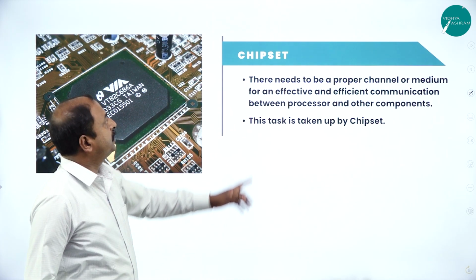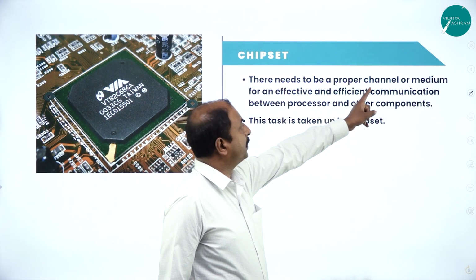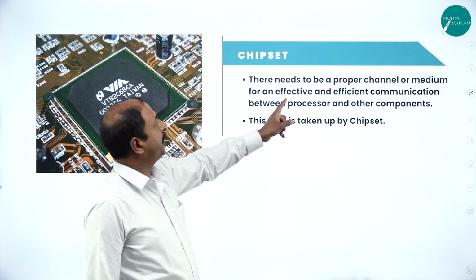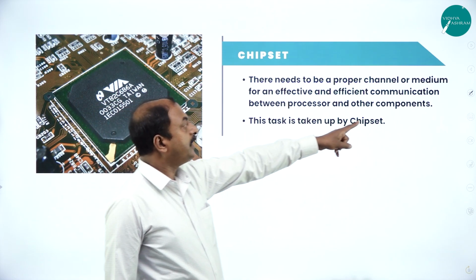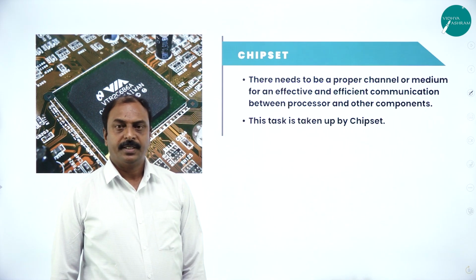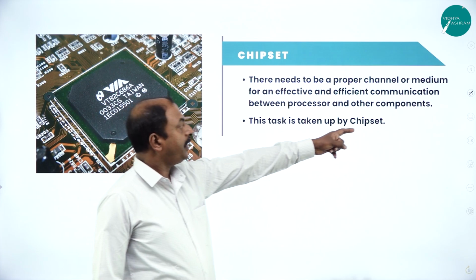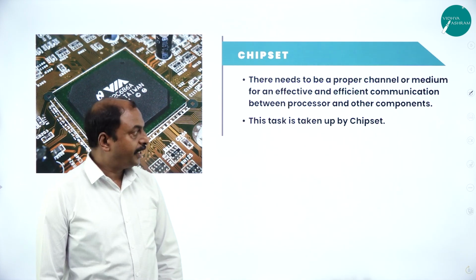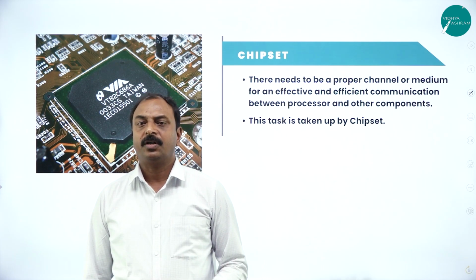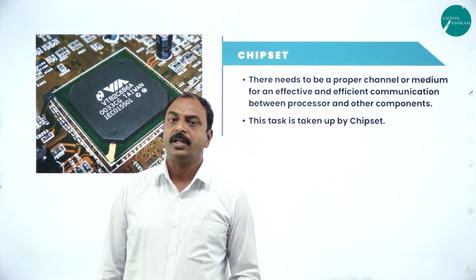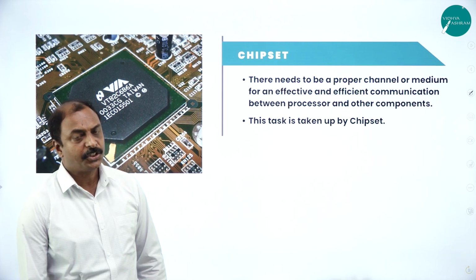So the chipset needs to be a proper channel or medium for effective and efficient communication between the processor and other components, and this is done by the chipset. The chipset coordinates between different hardware devices on the motherboard for efficient and effective communication.